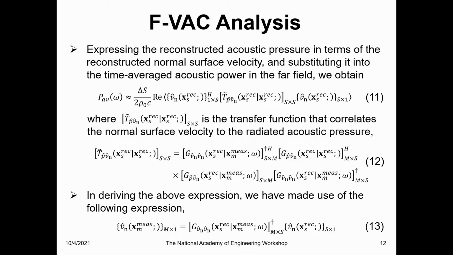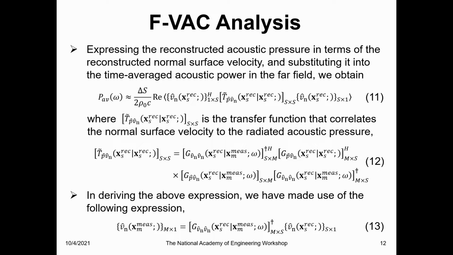Now let's look at F-VAC analysis. Expressing the reconstructed acoustic pressure in terms of the reconstructed normal surface velocity and substituting it into the time-averaged acoustic power in the far field, we obtain equation 11, where the transfer function that correlates the normal surface velocity to the radiated acoustic pressure is given by equation 12.